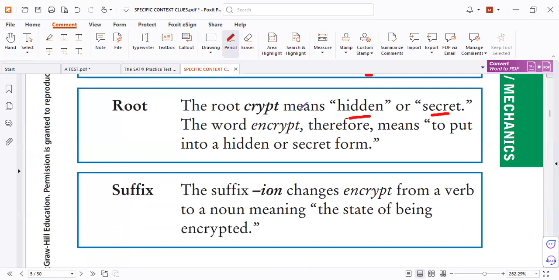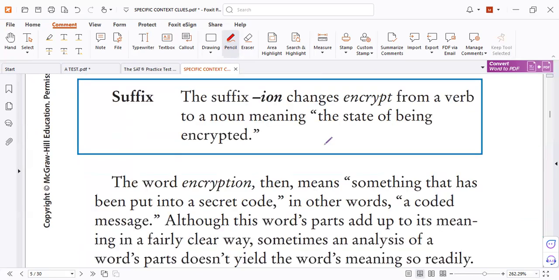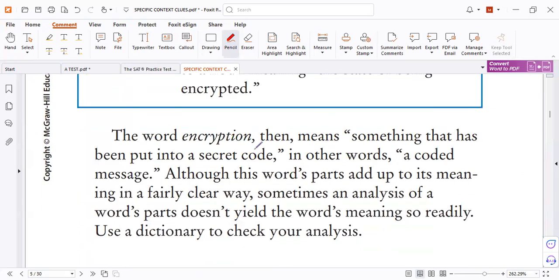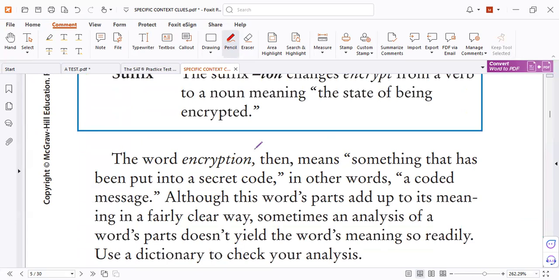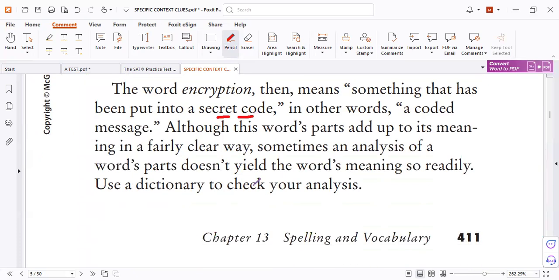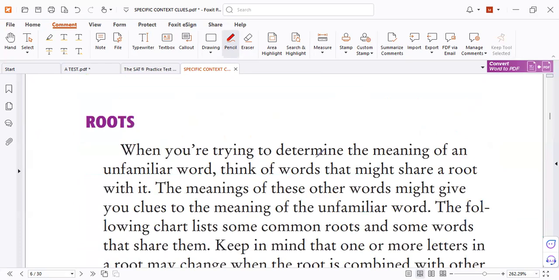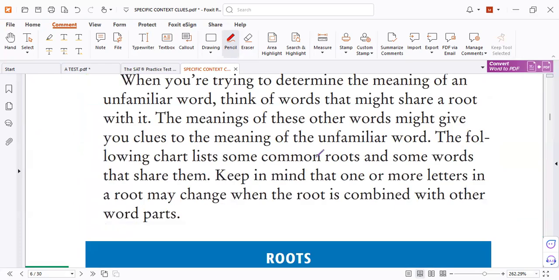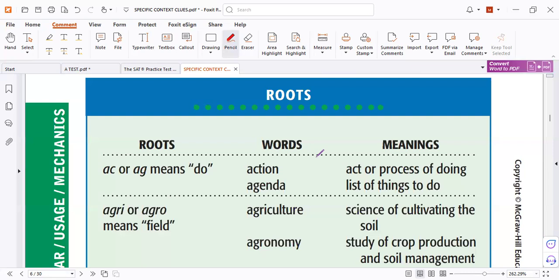So I go to the sentence to guess the meaning. So encryption, like conversation in chats, for example, is putting the conversation in secret code. So something that has been put in secret code. So I guess the meaning from the topic before I go to read it, and then go to the definitions. That leads us to the root.